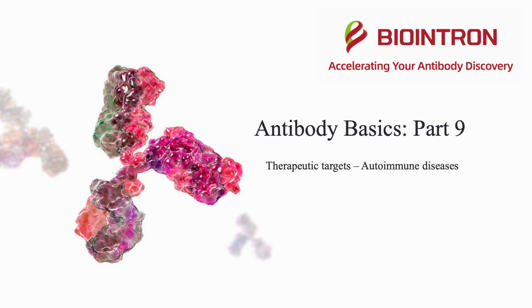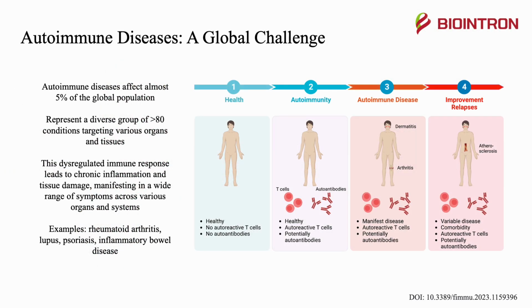In this episode, we'll talk about therapeutics targeting autoimmune diseases. Autoimmune diseases are a global challenge. Autoimmune diseases affect almost 5% of the global population. They represent a diverse group of over 80 conditions targeting various organs and tissues.